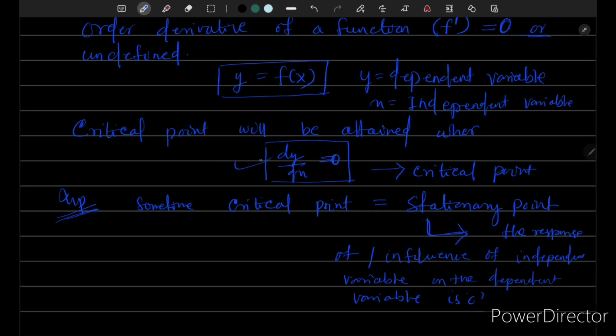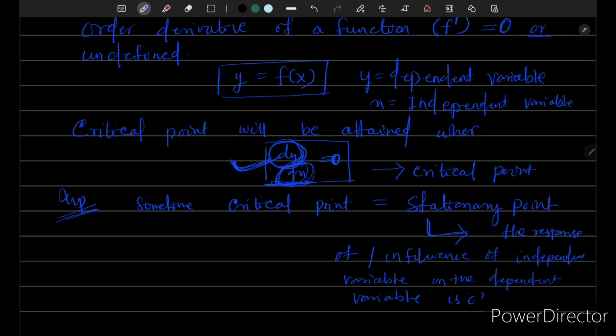Here you can see that dy by dx is 0, that means this is the critical point. So the change in the dependent variable with respect to the change in the independent variable is 0. That means if there is any change in the independent variable, there will be no change in the dependent variable. So the influence of the independent variable on the dependent variable is 0.